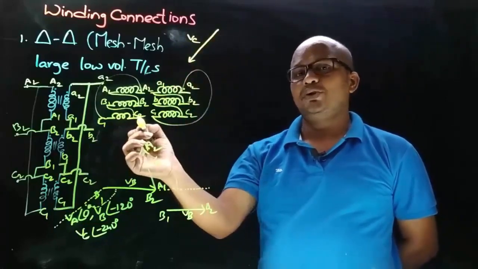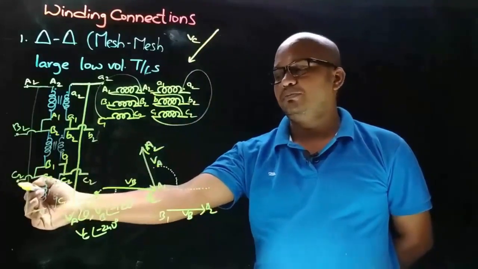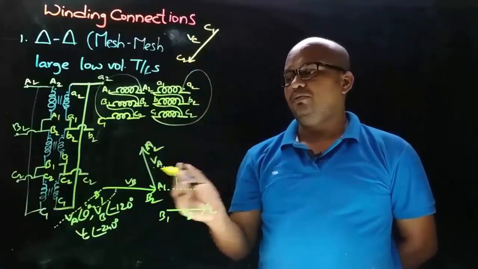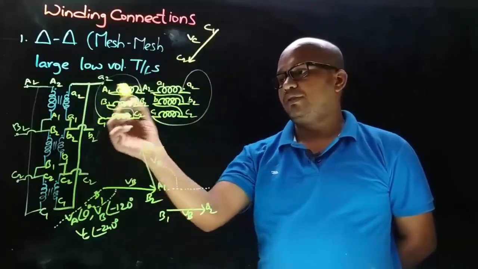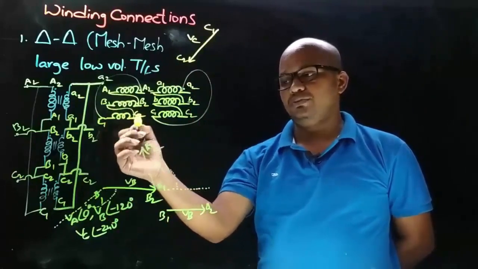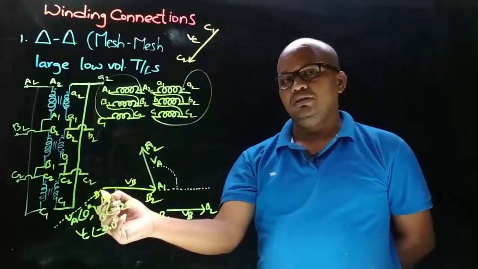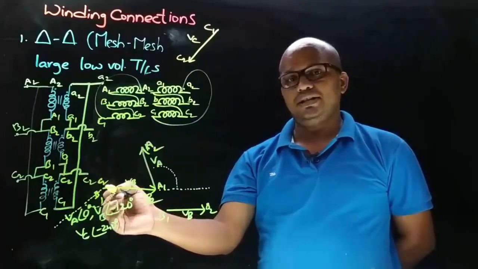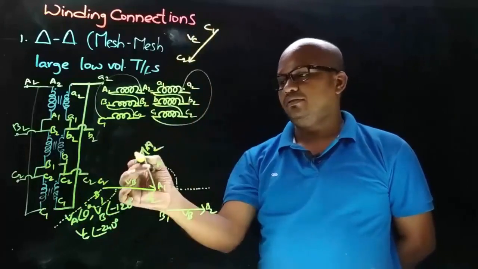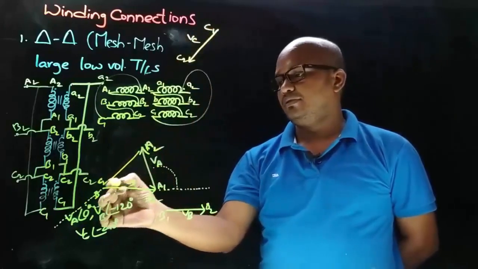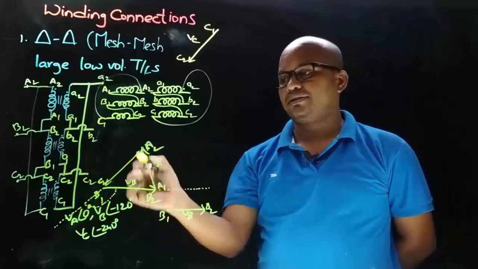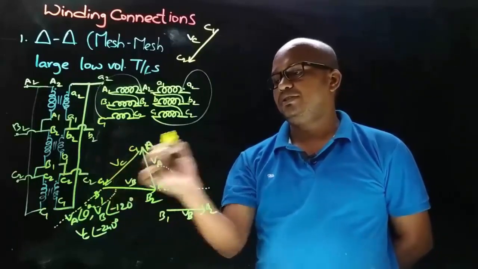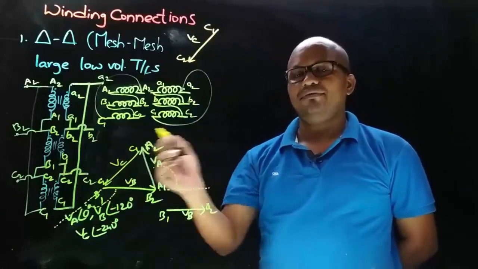The arrow always points towards the connection we took from, so C2. So this is C1. Now observe that B1 is connected to C2, which means this phasor is drawn like this. So this is capital C1 and this is capital C2 and this is the VC phasor.